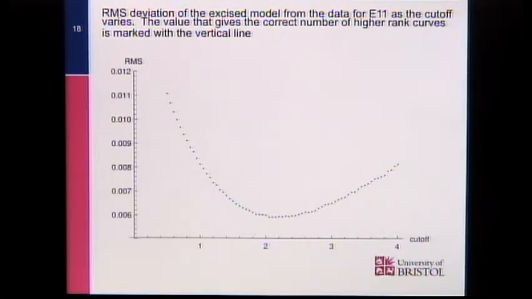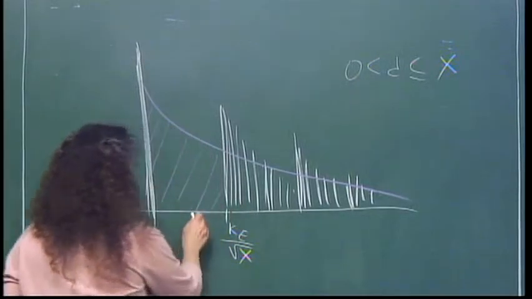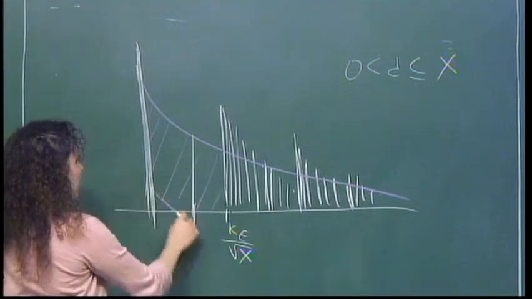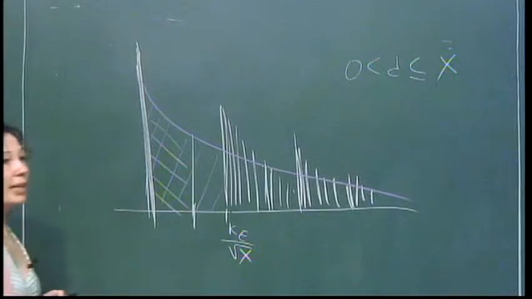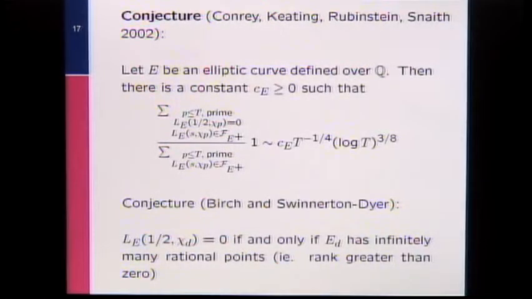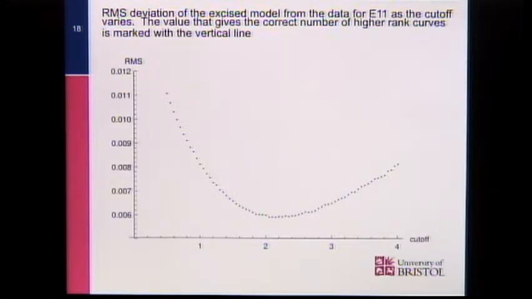The dotted line is the cutoff you would take if you wanted this area to predict the correct coefficient in this formula. Working backwards, Mike tells me how many L-functions there actually are that vanish, and you can figure out what cutoff I should have taken in order to get the correct constant here. It turns out that cutoff is at this line.